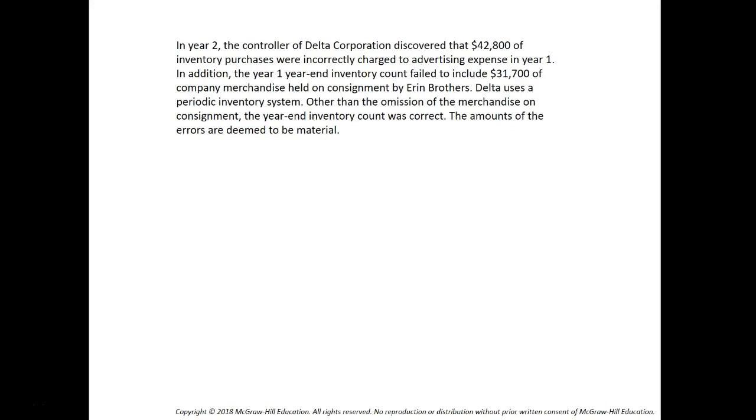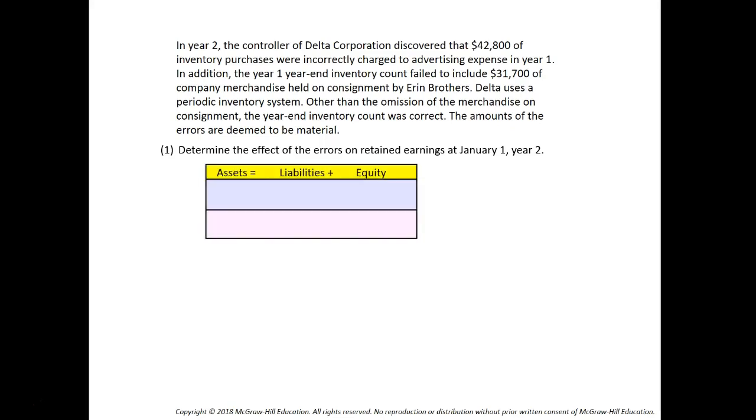Delta uses a periodic inventory system. Other than the omission of the merchandise on consignment, the year-end inventory count was correct. The amounts of the errors are deemed to be material. Determine the effect of the errors on retained earnings on January 1st of year 2.